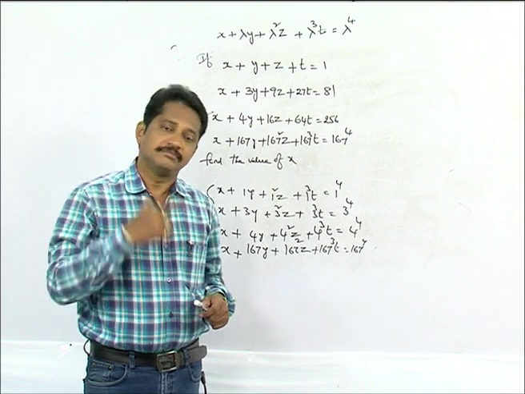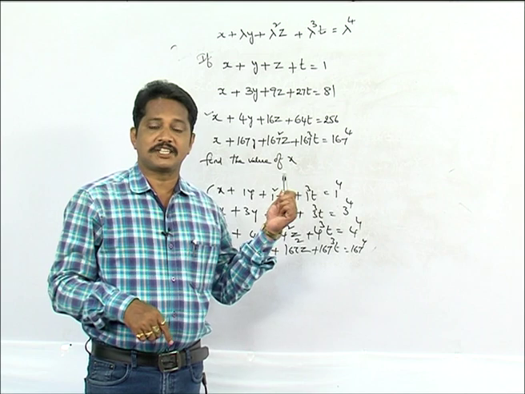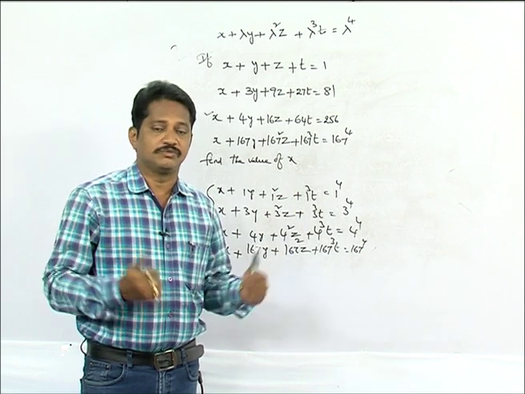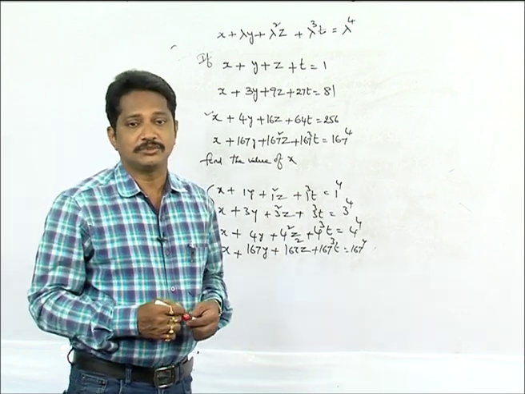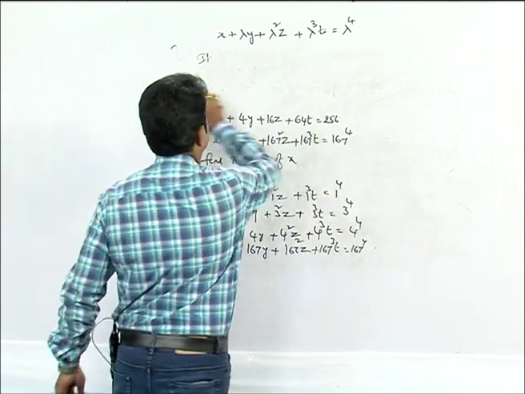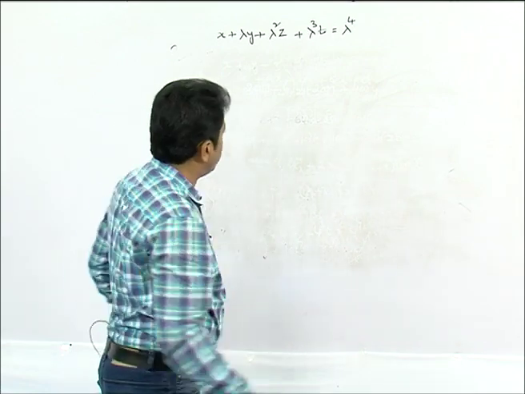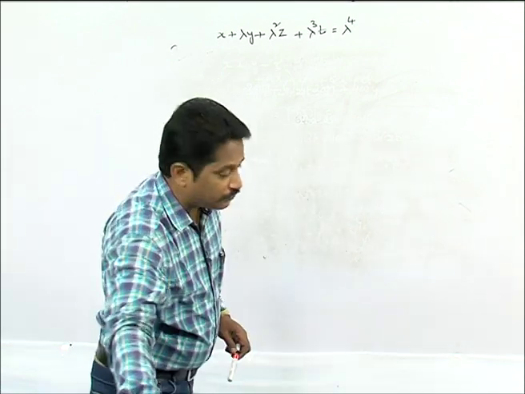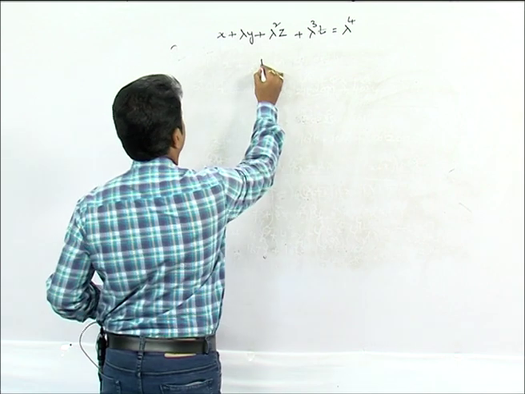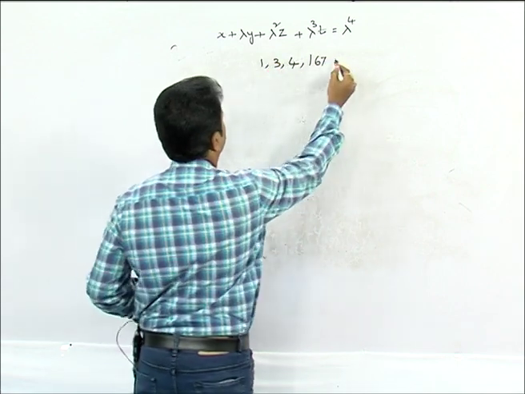What does it mean? 4 is the root of the equation. 167 satisfies this equation. What does it mean? 167 is the root of this equation. Am I correct? So, now we can say 1, 3, 4, 167 are roots.